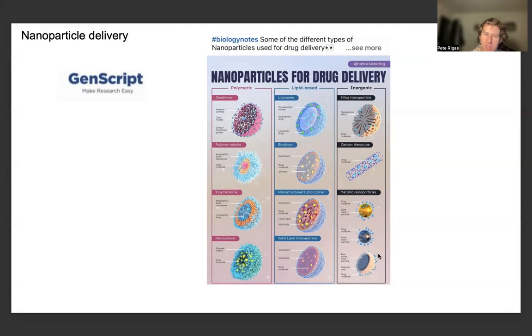And you can also see from the middle column, the lipid base, that there are many different types of nanoparticles which can be employed, depending upon how the drug molecule to be administered is configured within either a liposome or an emulsion, as two out of the four examples of the lipid-based nanoparticles.